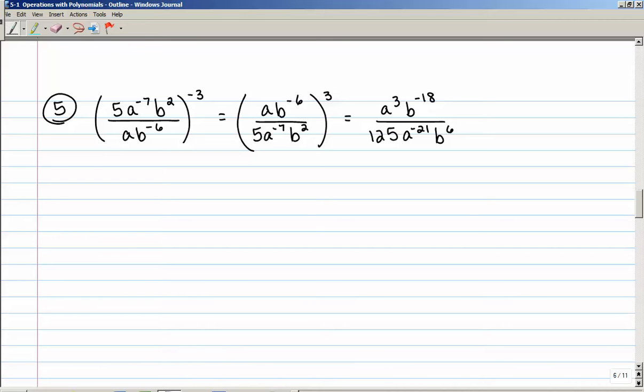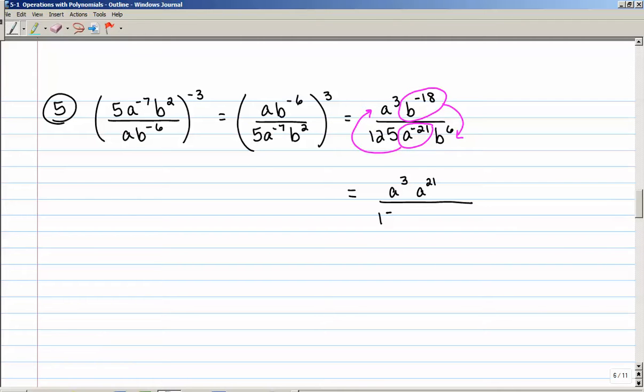Now I need to clean up some of my exponents here. If I take a power that has a negative exponent on the bottom, I can move it to the top and make it positive. If I have a power that has a negative exponent on top, I can move it to the bottom and make it positive. So what this is going to give me is I'll have an a to the third on top. Now this a to the negative 21 will move up top and become an a to the positive 21.